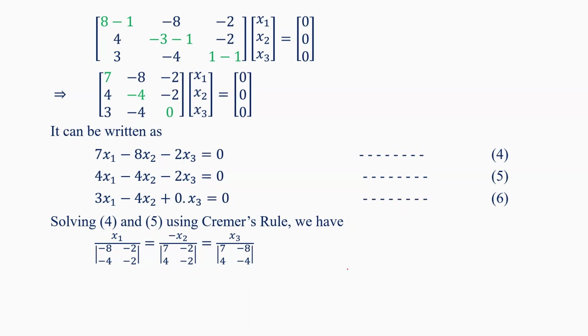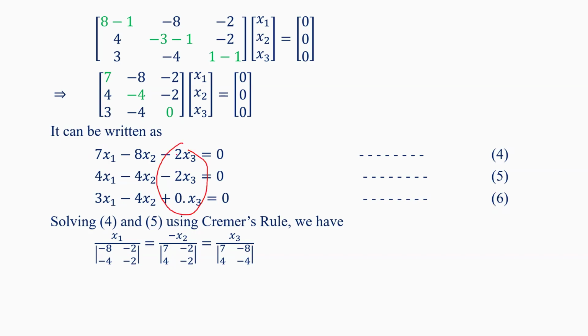That's why we have written the minus sign in the numerator. Because we should start from this step, but we are starting from that step, so the minus sign came here. Hence we have 7 4 in the first column, and minus 2 in the second column, which is equal to x3.